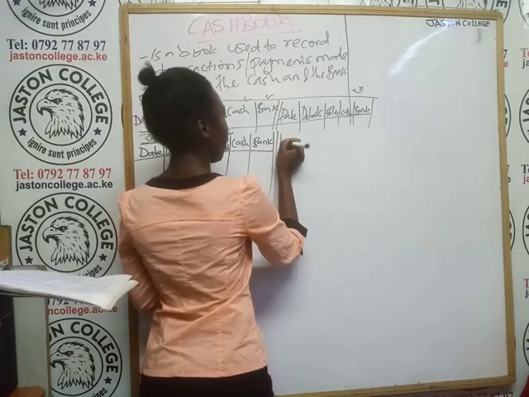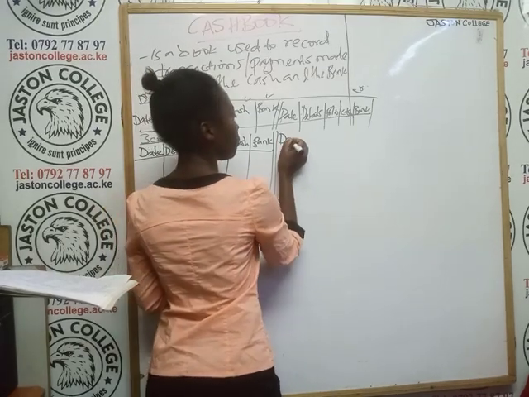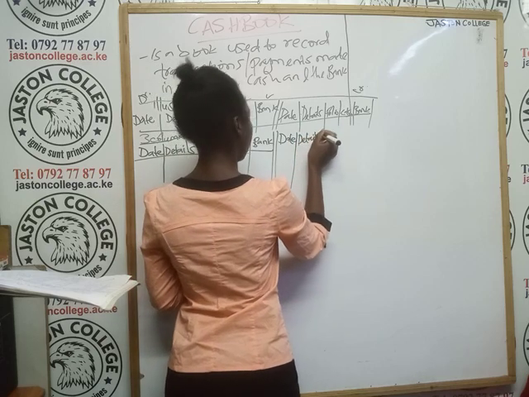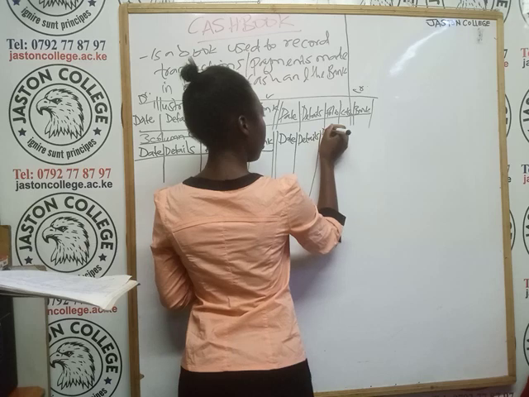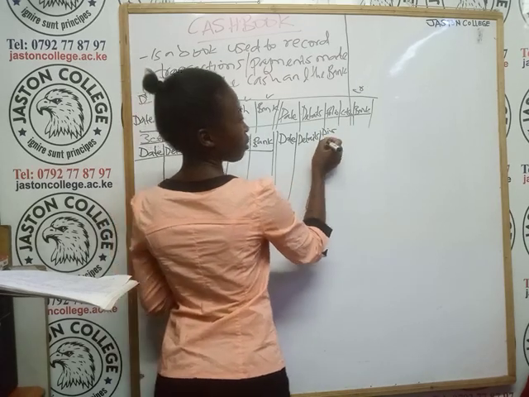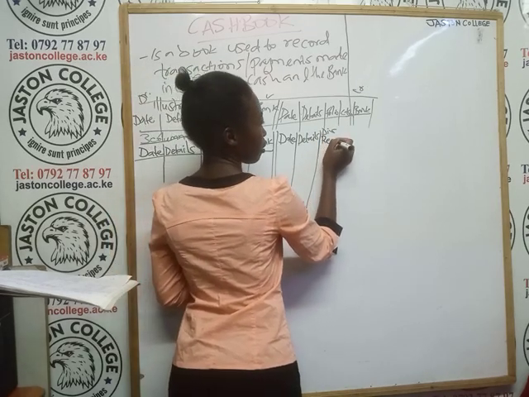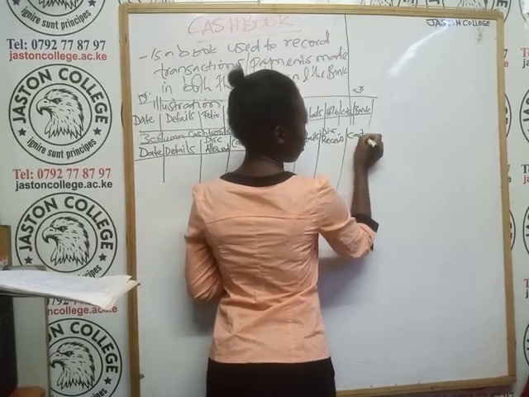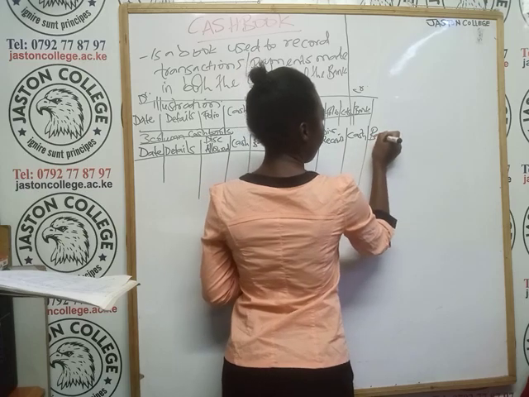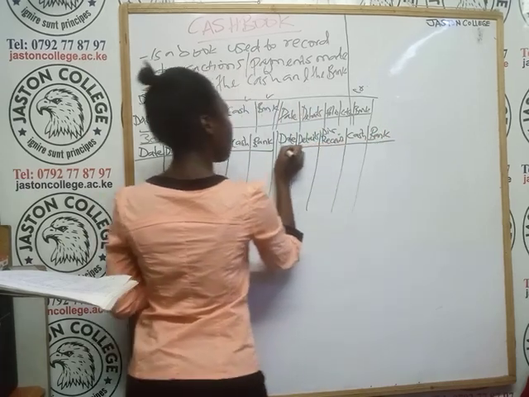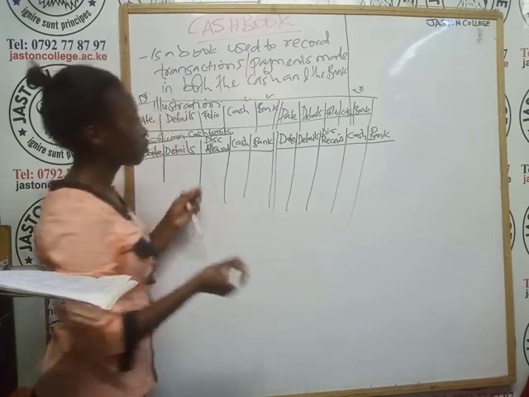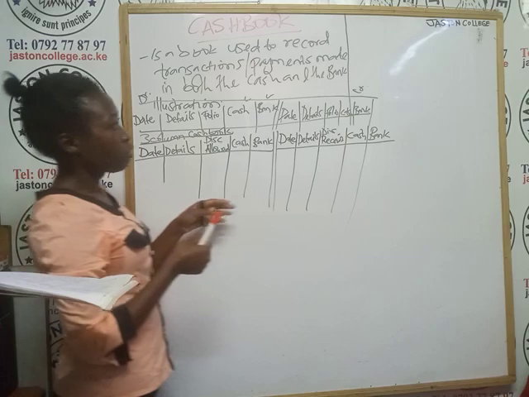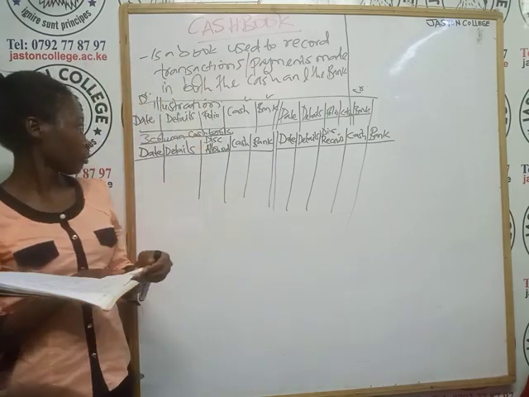The other side, the credit side, we also do the same. The details. So this side we will have our discount received, the cash, and the bank. So this is our 3-column cash book, which we are going to do an illustration of.